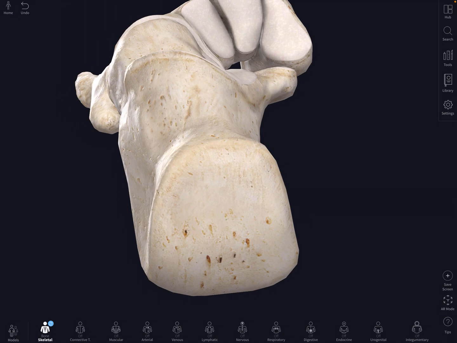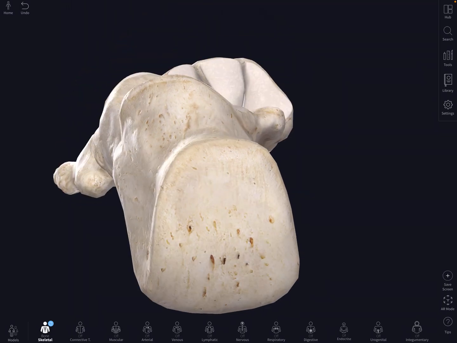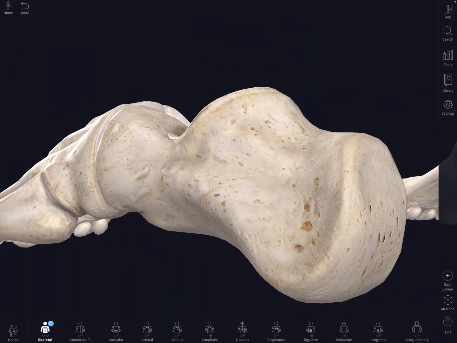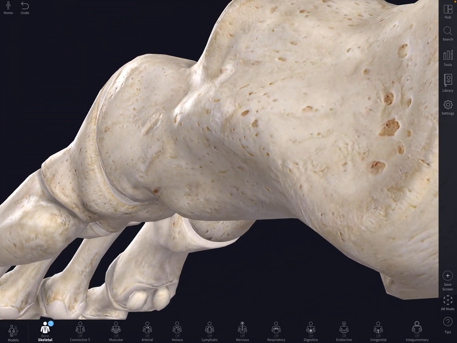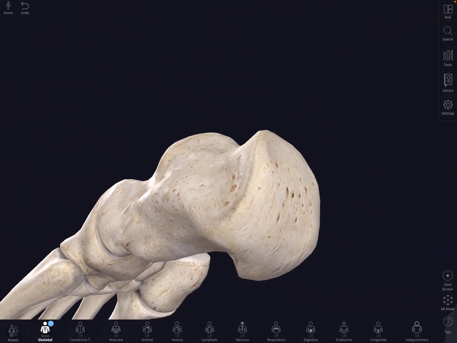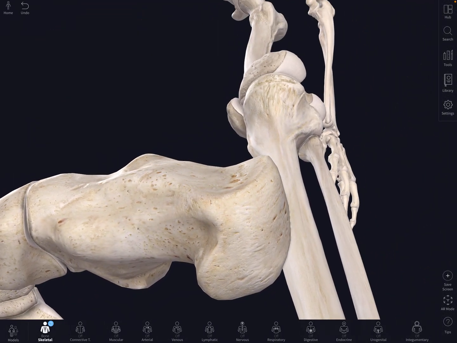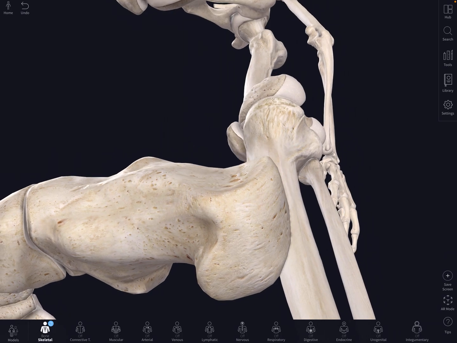Now the inferior aspect of the calcaneus. We're looking at the calcaneus from the bottom. The inferior or plantar surface of the calcaneum is roughened at its posterior end, and it has two prominences.